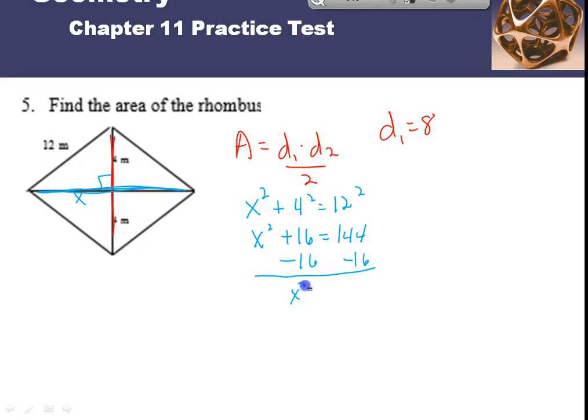and I'm going to subtract 16, and I'm going to get x squared is 128, and then I'm going to take the square root of that. You get 11.3.